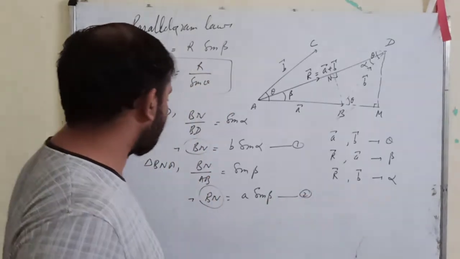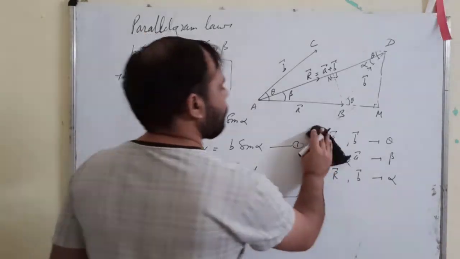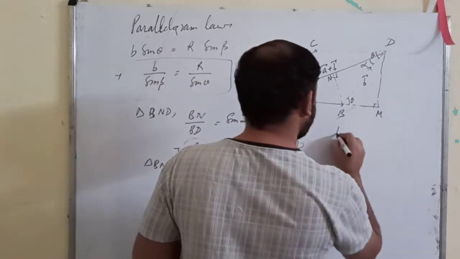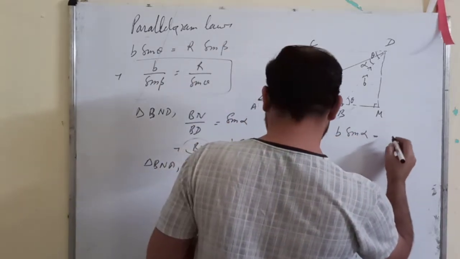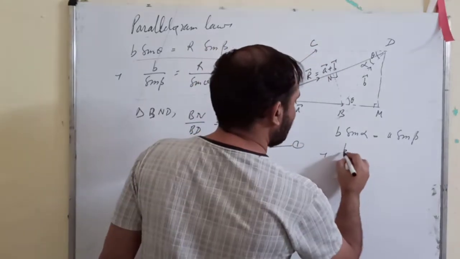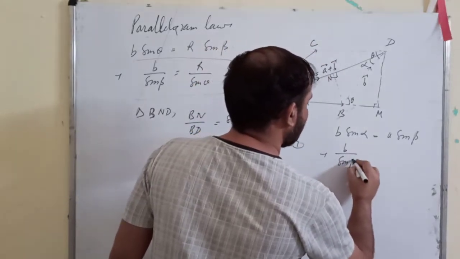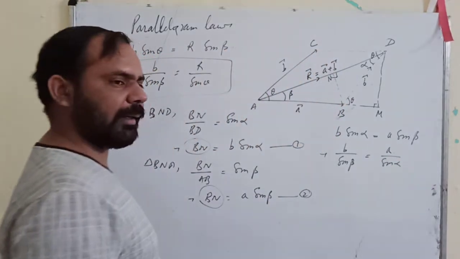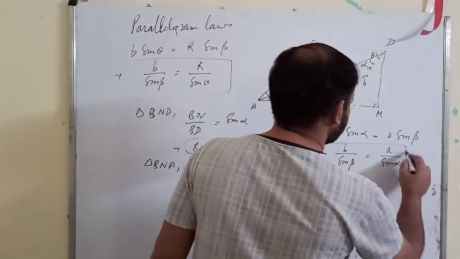So I can equate them and write B sine alpha is equal to A sine beta. From here you can write B upon sine beta is equal to A upon sine alpha. Correct? Okay.